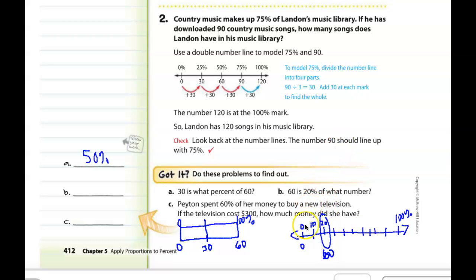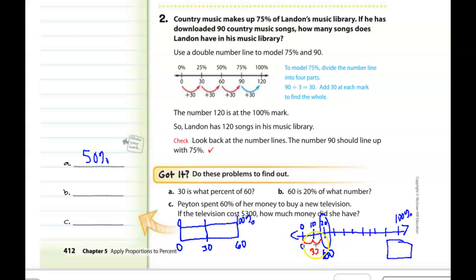All right, so sorry for the mess there. So how many spaces did you take to get from 0 to 60? Think about that. So we have this many spaces. So what would be in between 0 and 60? And how can that help us figure out what this 100% is that we don't know? Go ahead and think about that, please. Okay, so to get from 0 to 60, there were 2 spaces.